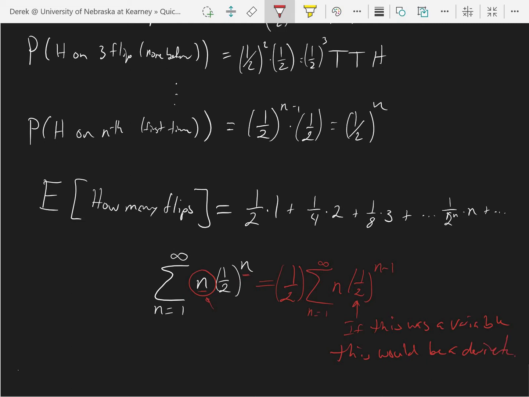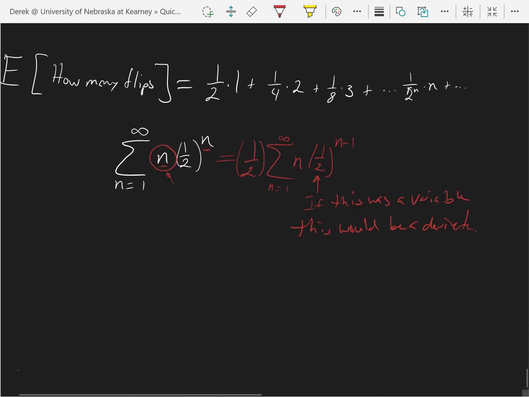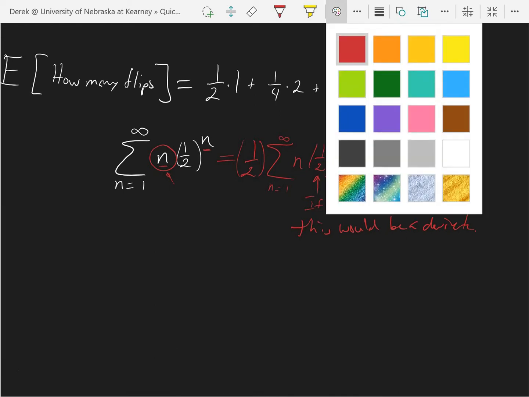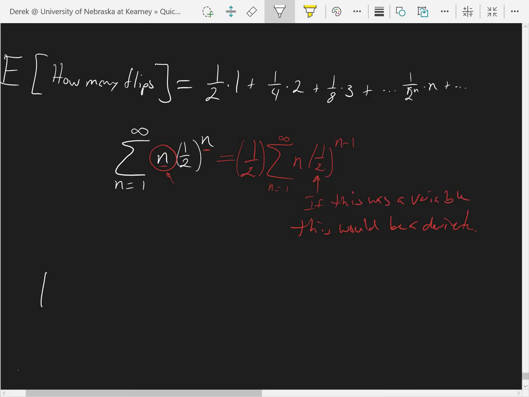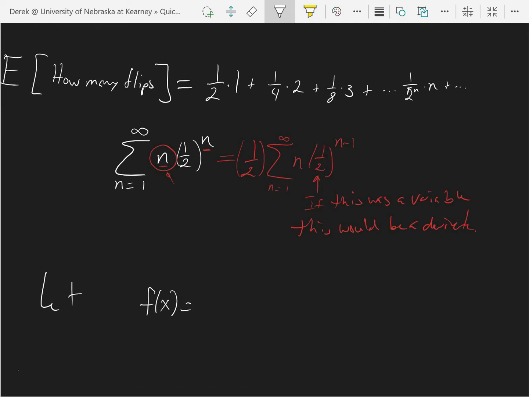Okay, so let's do that. Let's make that a variable and then sort of evaluate at 1/2. Okay, so we're going to let f of x equal 1/2 times the sum from n equals 1 to infinity of n times x to the n minus 1.